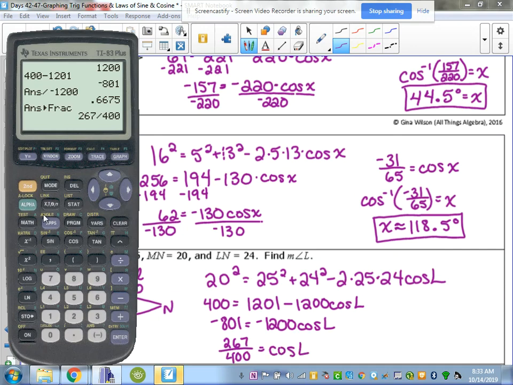And then our inverse cosine gives us that angle L is approximately 48.1 degrees.